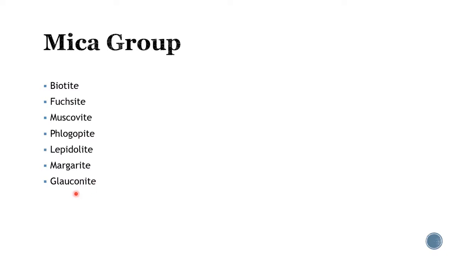All of these micas except glauconite exhibit easily observable perfect cleavage into flexible sheets. Glauconite, which most often occurs as pellet-like grains, has no apparent cleavage. So this is the exception.